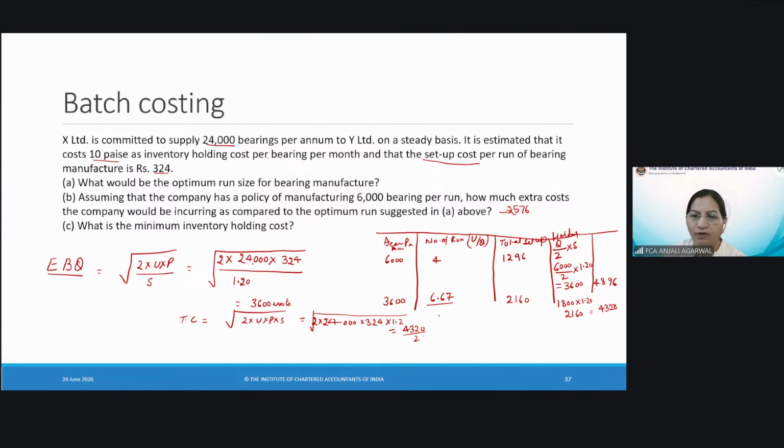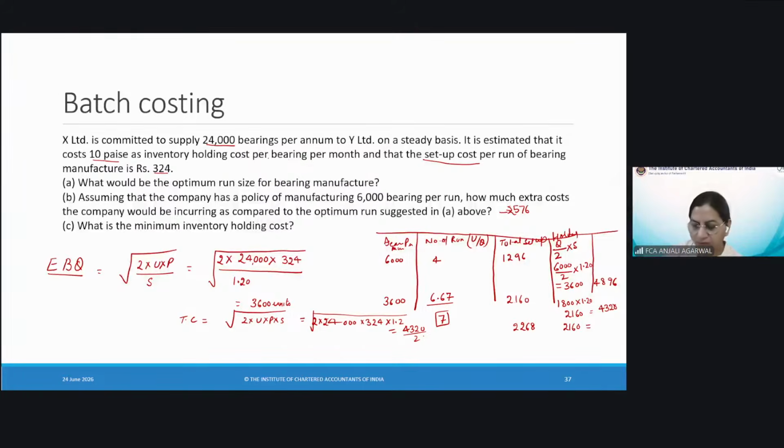Even if I had not rounded off, let me take, I go by 7 runs, 6 runs of 3,600 units and the balance in the 7th run. So then my setup cost will increase by a slight amount, 7 into 324, it will be 2,268. However, I'll assume that I'm holding on an average 1,800, so this will remain 2,160.